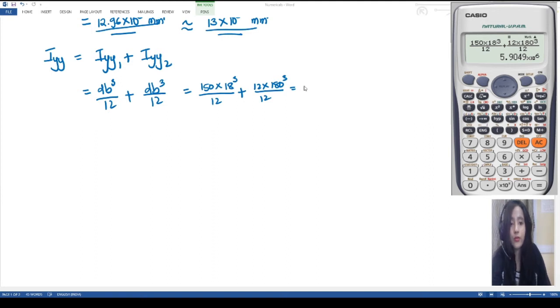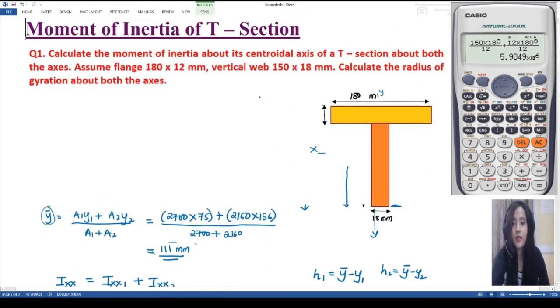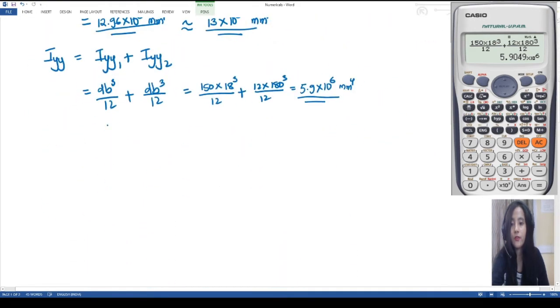It is coming equal to 5.9 into 10 raised to power 6 mm raised to power 4. So I have found the moment of inertia about both the axes, Iyy as well as Ixx. Now the next step asks us to calculate the radius of gyration about both the axes.